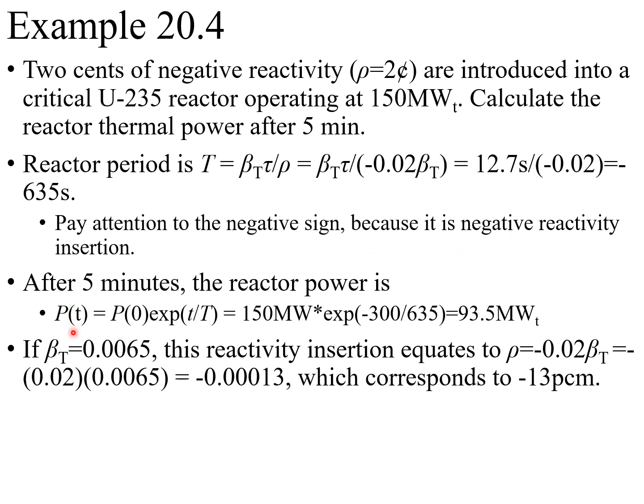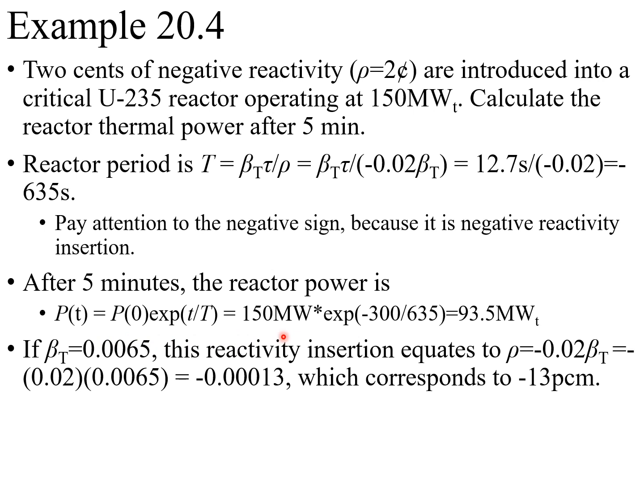After 5 minutes, the reactor power can be calculated from the same exponential function. Because the neutron population is proportional to the power, therefore this formula is also applicable to the reactor power.